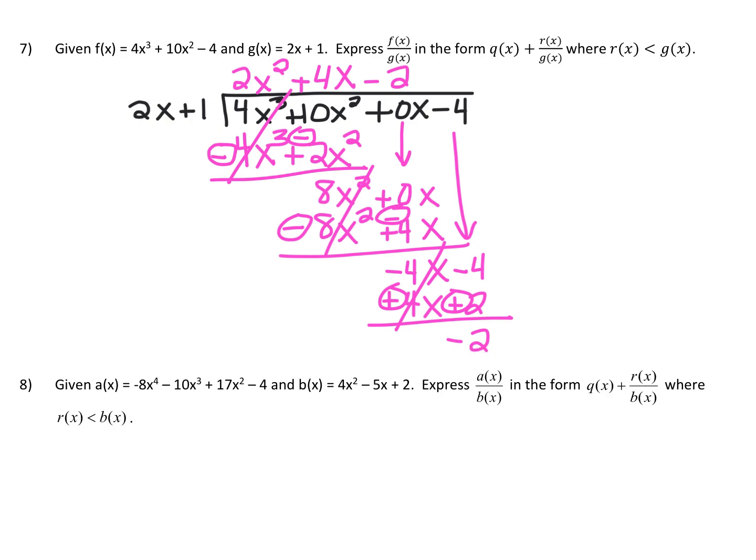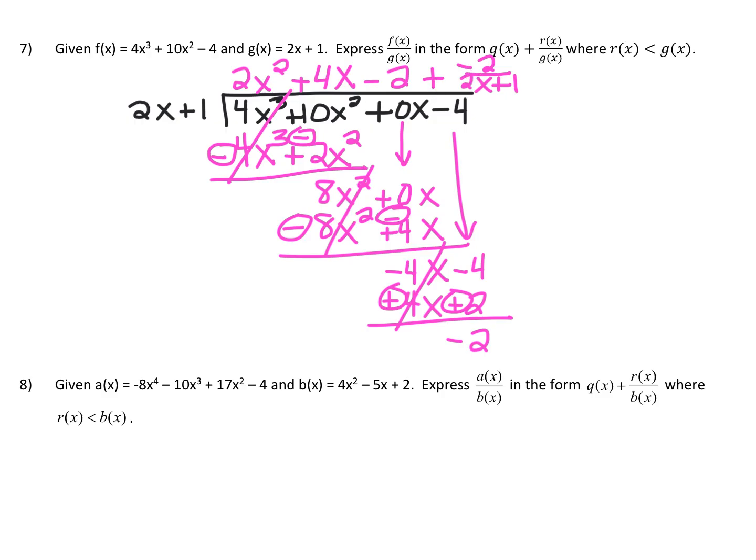Now, technically, I know it says up here plus r of x over g of x, so I guess you could write plus, and then our remainder is negative 2. We're going to put that over g of x, which is 2x plus 1, right? It's this that we're dividing by. But this is the thing, right? We don't ever like to have two signs in a row like this.